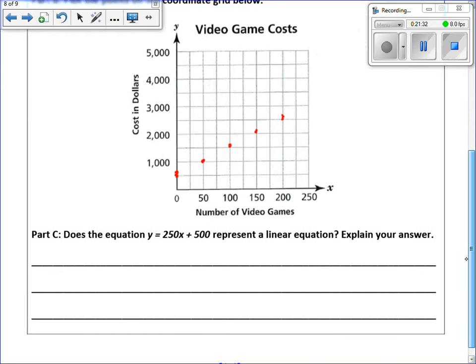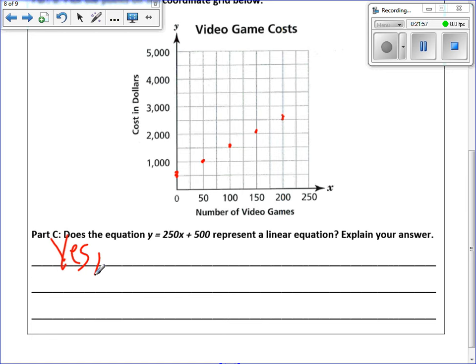Does the equation y equals 250 plus 500x represent a linear equation? Yes, it does. Here's why. So again, the non-mathematical answer is because these points form a straight line. I will accept that, but come on, do better than that. You guys are all capable of understanding a more mathematical answer, and you'll sound way smarter.